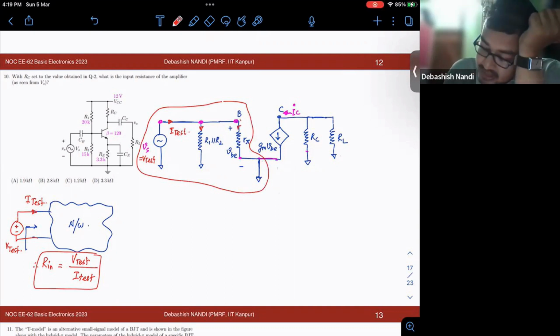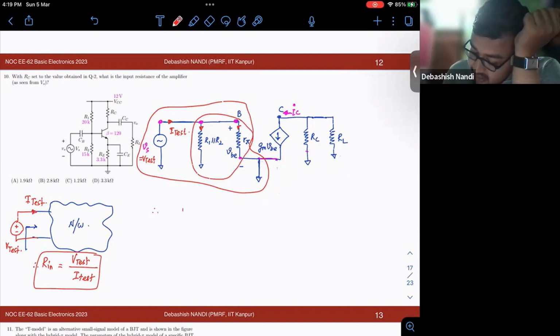So I can simply make a parallel combination of this. So my equivalent circuit will become V test and a resistance which is R1 parallel R2 parallel r pi, right?